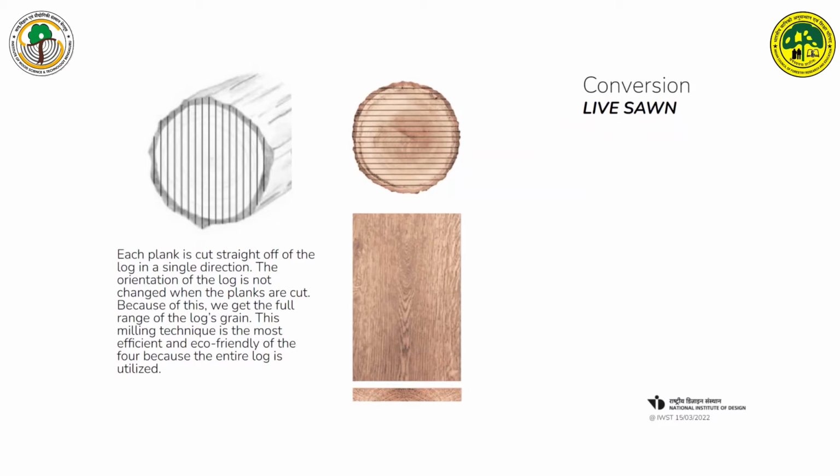So live sawing actually results in variable amounts of timber. Some of it could be used for strong applications where structural integrity is required, whereas others can't be. So in that sense, there is no wastage in live sawing, but you have to put different parts of the yield to different kinds of utilities. So it increases logistics on the post conversion stage.